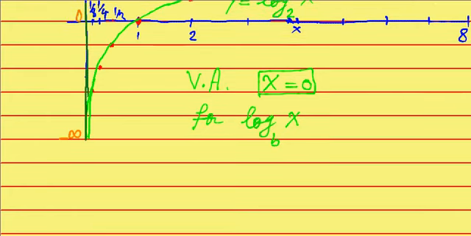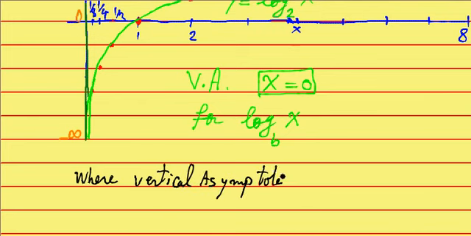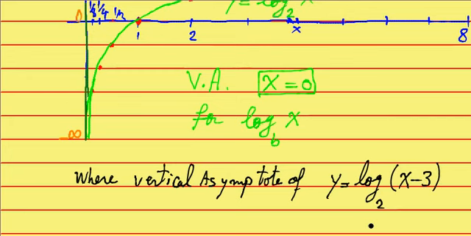Next issue is, here's a question. Where is a vertical asymptote of, say, y is equal to logarithm of x minus 3 in base 2.